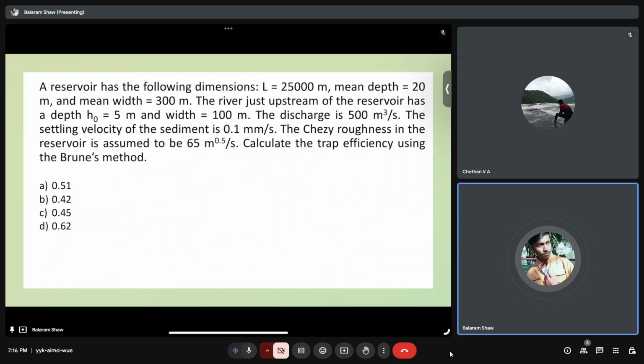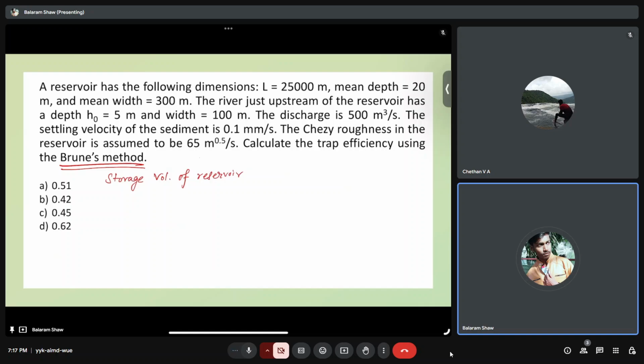So the next question is same, just we have to use the Brune's method to calculate the trap efficiency, right? So in this method, what we need is the storage volume of the reservoir and the average annual flow volume, right? So storage volume of reservoir would be how much? Storage volume of reservoir below line, right?